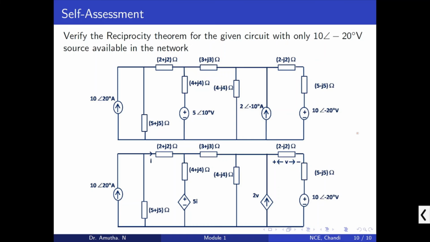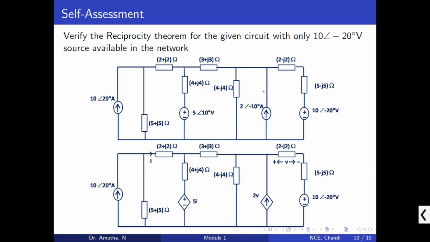And this is the self-assessment for you. Verify the reciprocity theorem for the given circuit with only the 10 at an angle minus 20 degree volt source available in the network. What this question says is that only this 10 at an angle minus 20 degree voltage source is available in the circuit. We have to remove all other voltage sources as well as current sources.